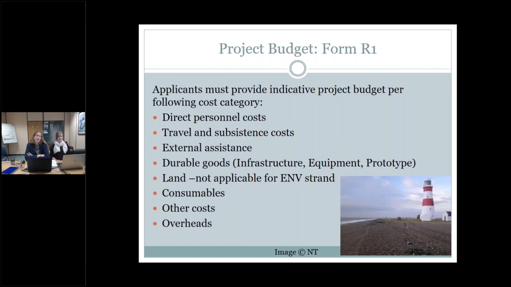Please note that LIFE won't fund single items of infrastructure bigger than 500,000 euros. So anything bigger than 500,000 euros in terms of infrastructure won't be funded.